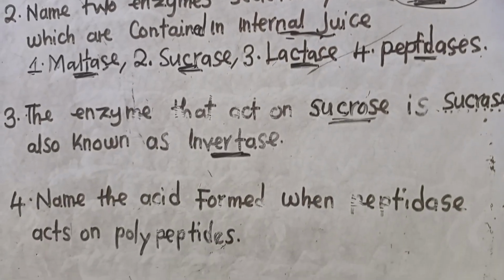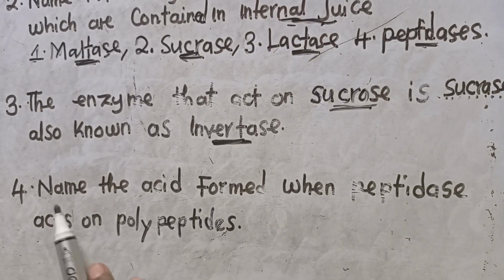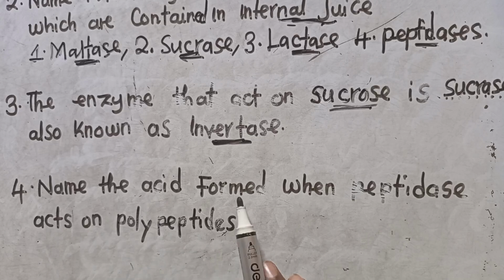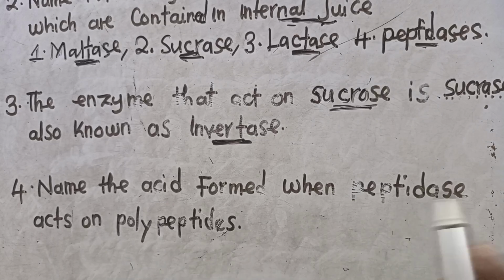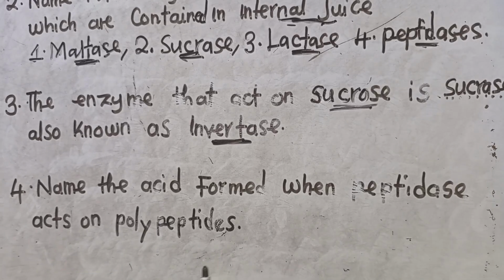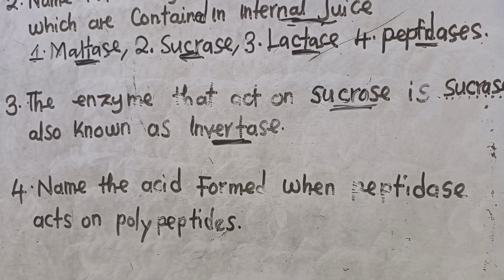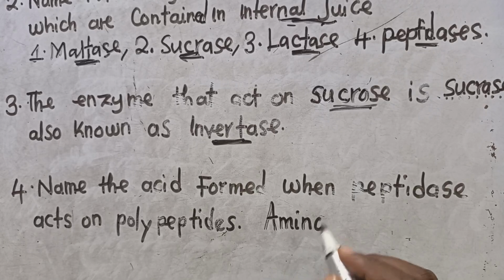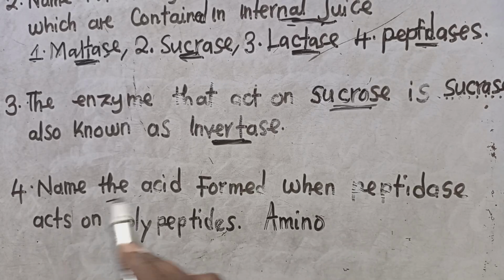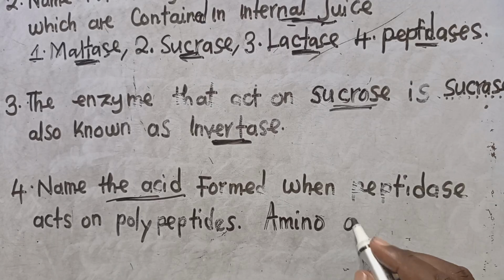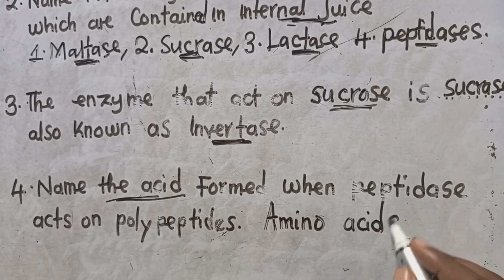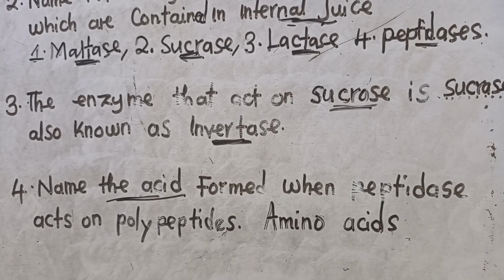This is our last question. Name the acid formed when the peptidase acts on the polypeptides. The acid that is formed is called amino acids.